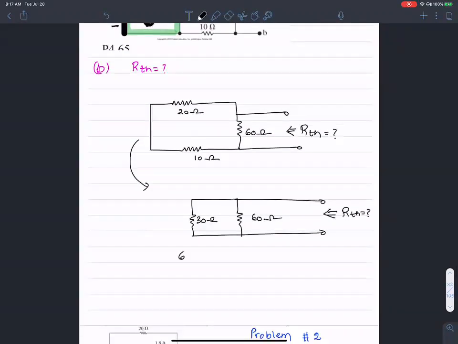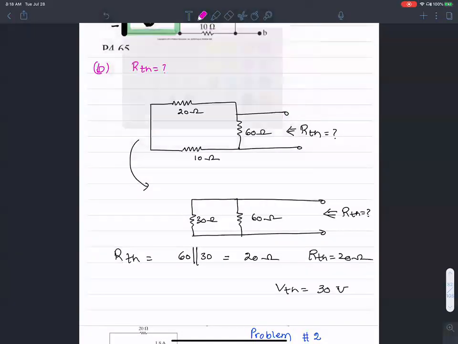That's a parallel combination of 60 and 30, which should be 20 ohms. RTH therefore is 20 ohms, and V Thevenin, we found, is 30 volts. So we have the answer we were after, the Thevenin equivalent.